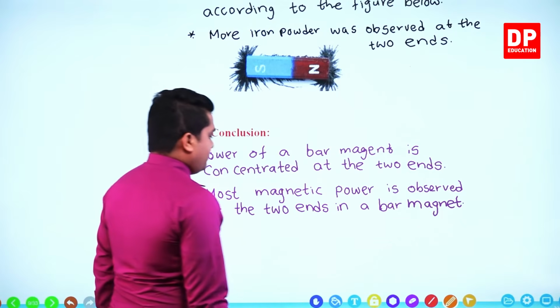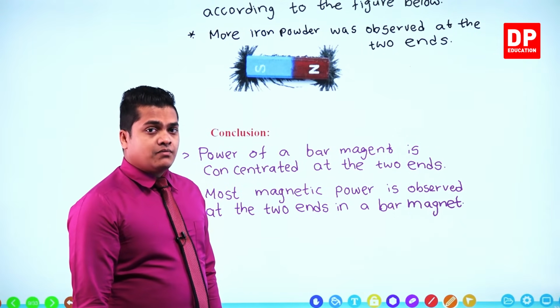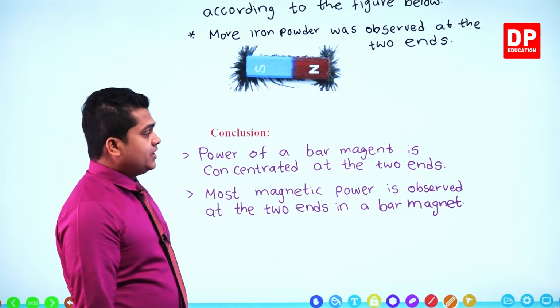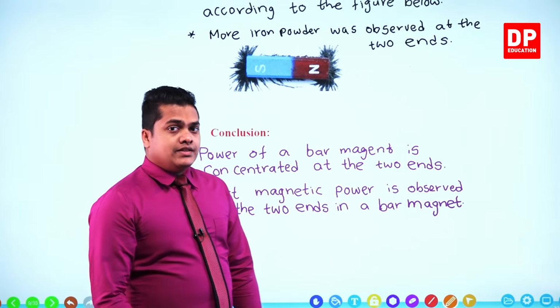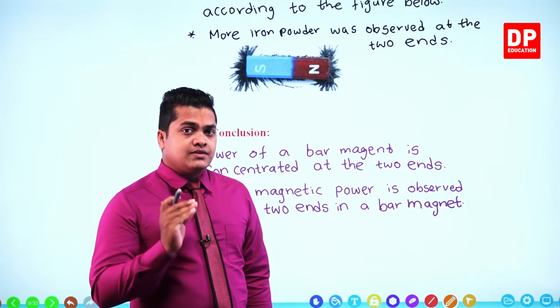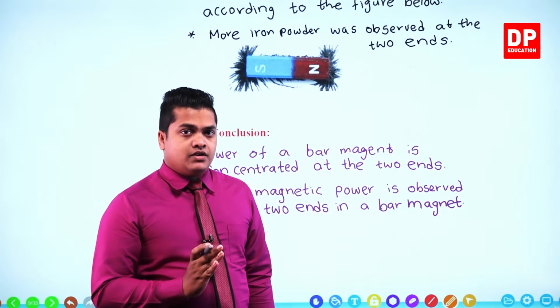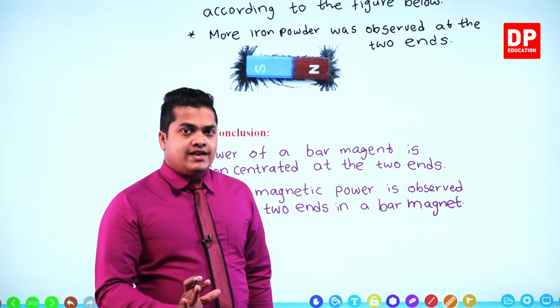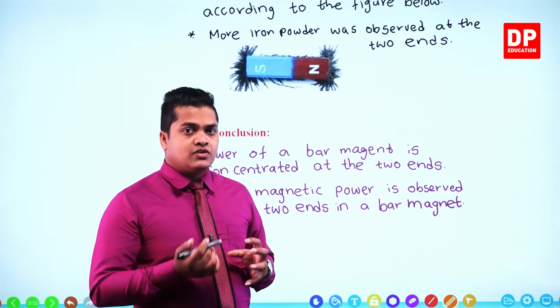So the most magnetic field, the most magnetic power, the most magnetism is observed at the two ends of the bar magnet, right? These areas which have the most magnetism or magnetic power are called the poles of a bar magnet, or the poles of a magnet.